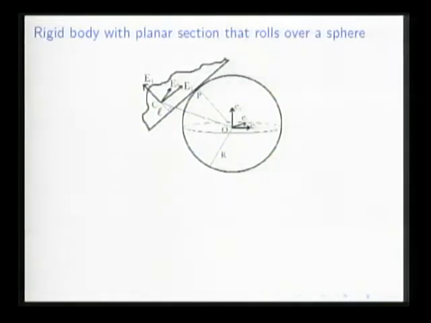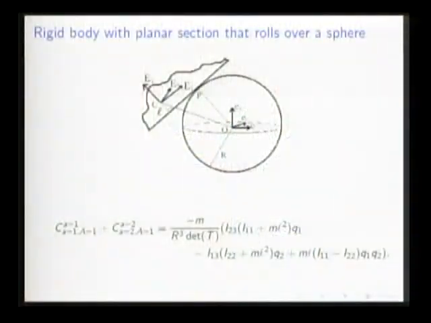Associated with that direction, there is a functional relationship that needs to be satisfied in order to have a preserved measure. If I write it down, I get the following expression, where Q1 and Q2 are the coordinates of the contact point P with respect to this body-fixed basis. The necessary condition for the existence of an invariant measure is that this thing over here vanishes, which is a polynomial in Q1 and Q2.